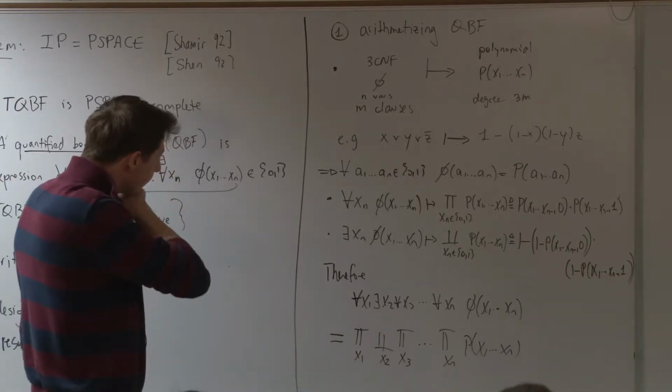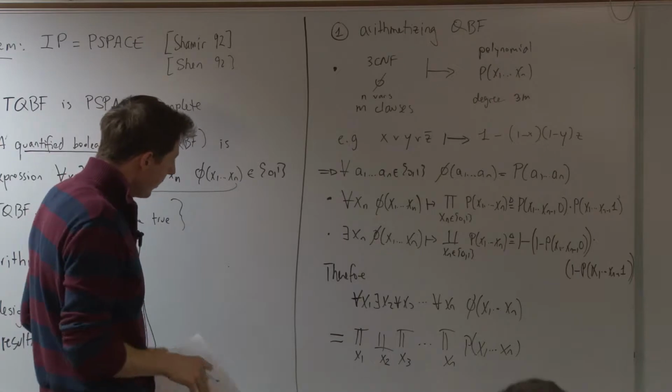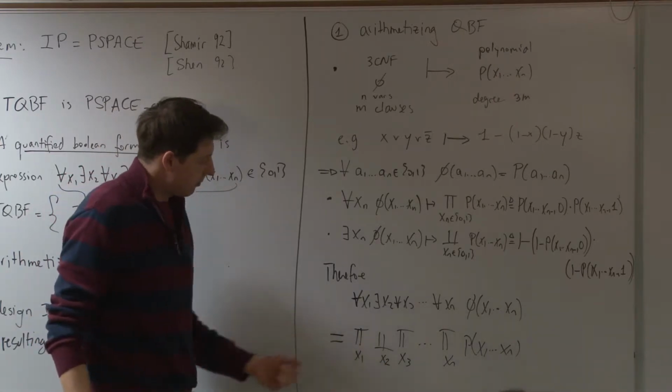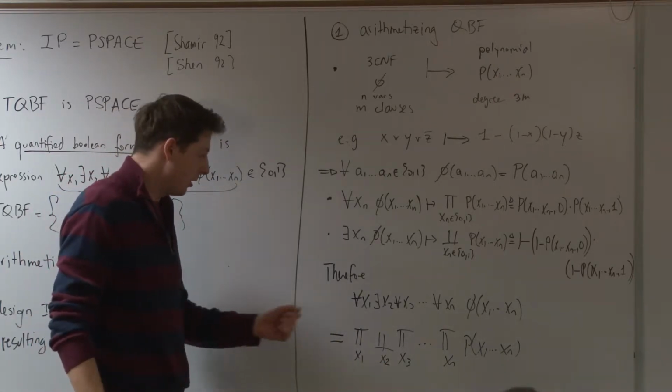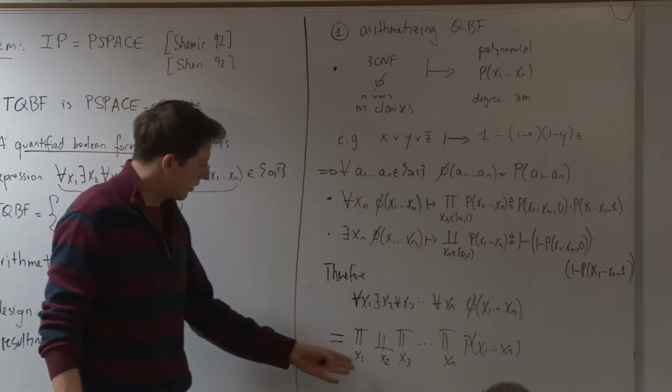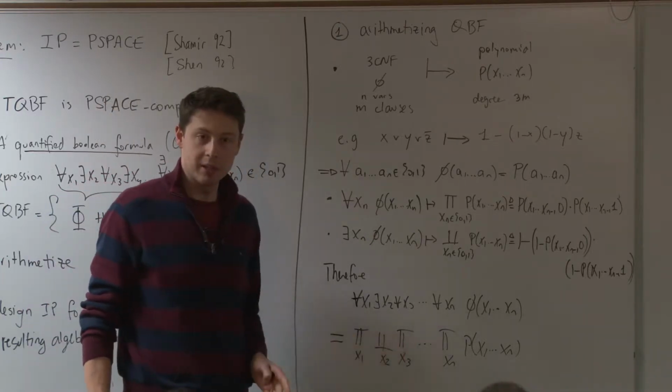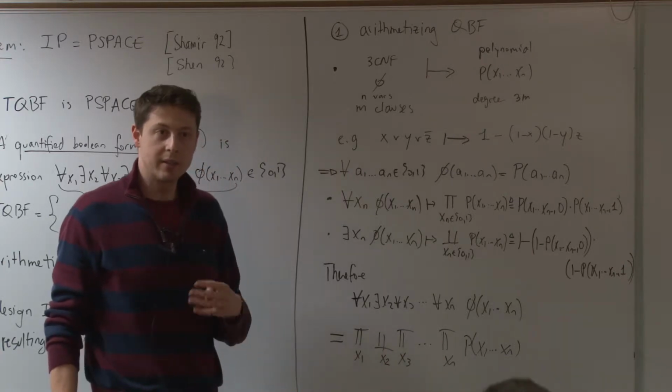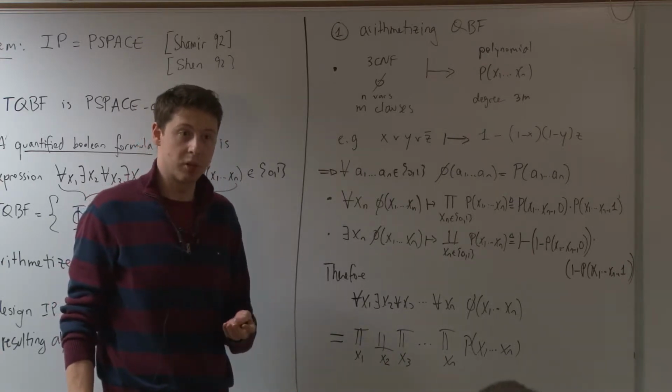Now, this problem that we now need to solve has some appealing structure. In particular, you see that it proceeds variable by variable, which is rather analogous to what was happening for the sum check protocol.